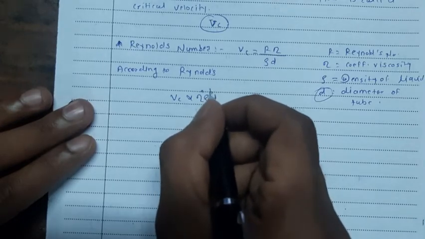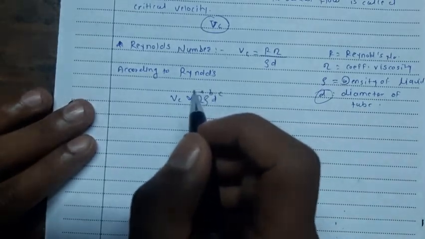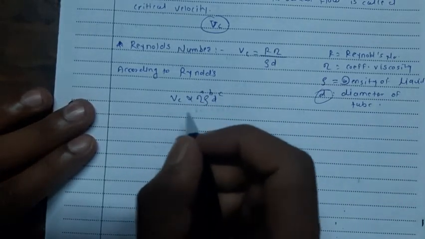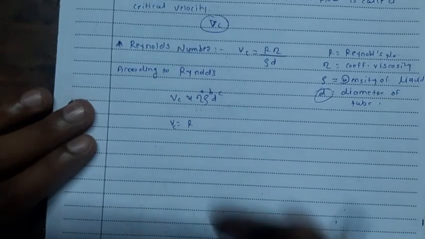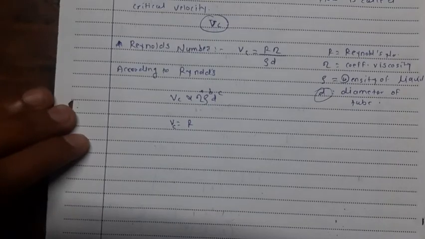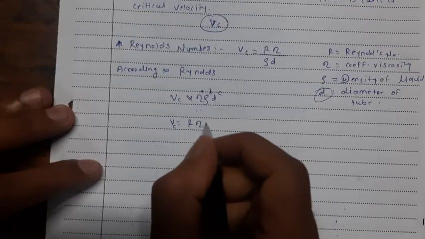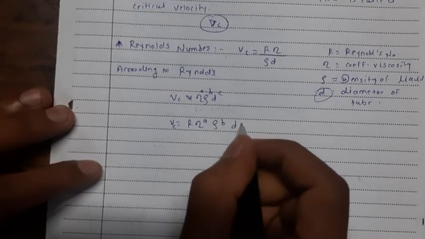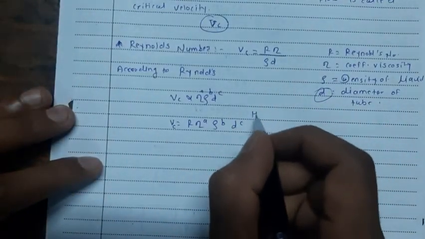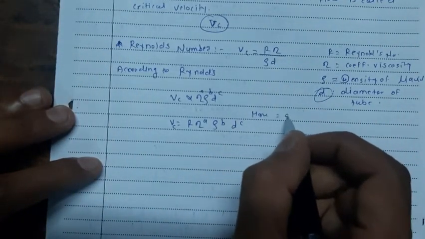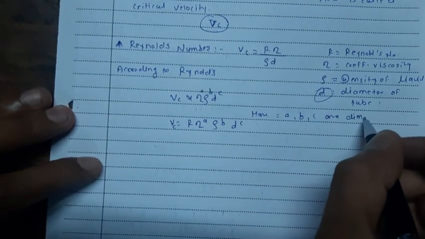Now if I remove this proportionality sign, I will get Vc is equal to R into eta raised to A, rho raised to B, and d raised to C. Now taking the dimensions on both sides.